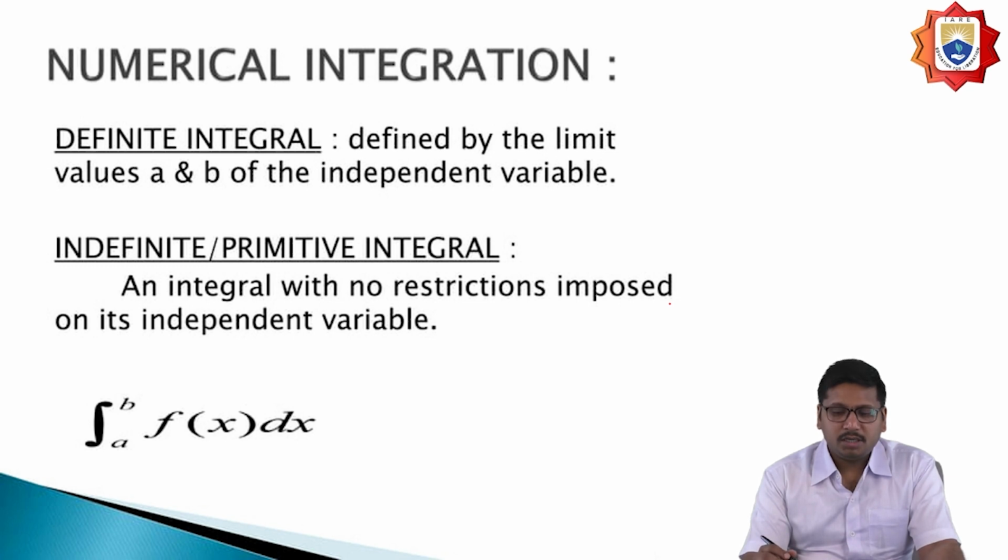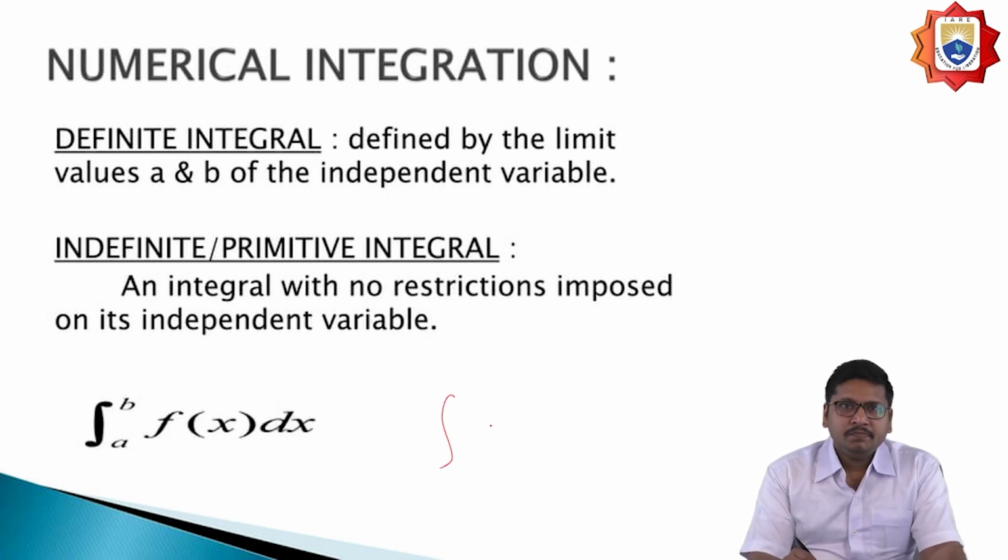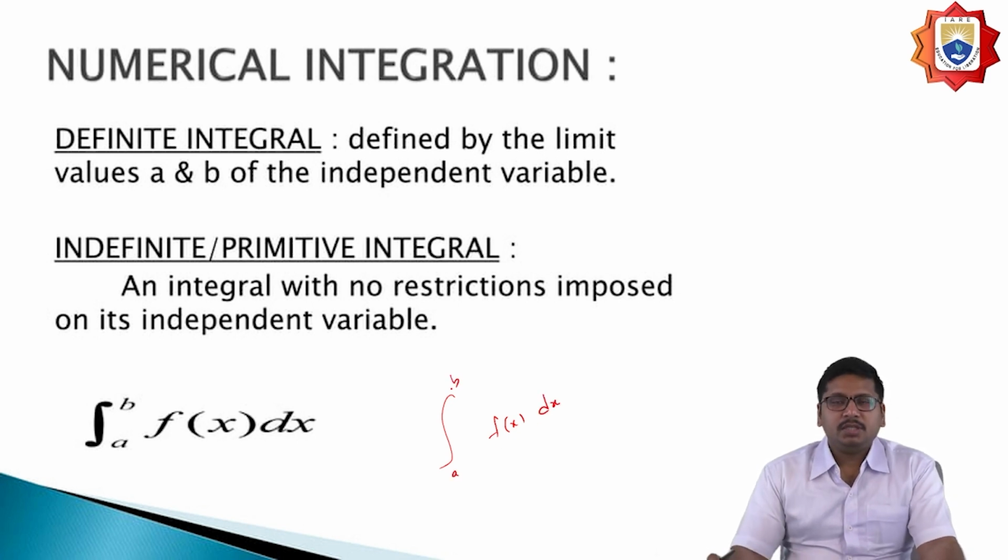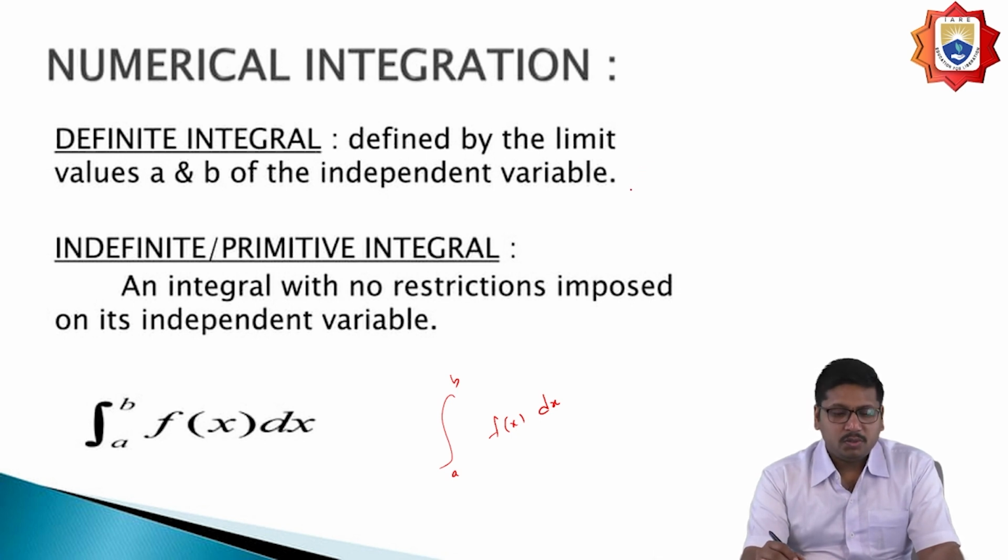The definite integral is defined by the limit values a and b of the independent variable, whereas the indefinite or primitive integral has no restriction imposed on its independent variable. The definite integral is denoted as the integral of f(x) dx within the interval a to b.